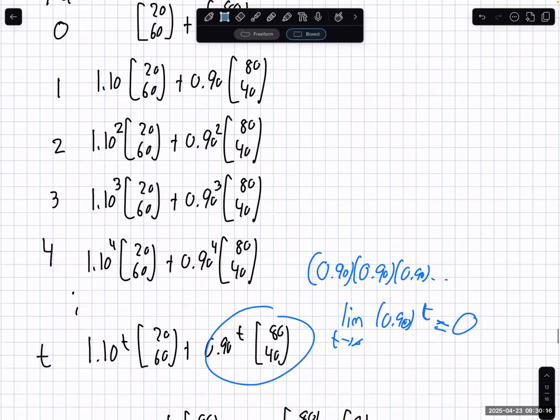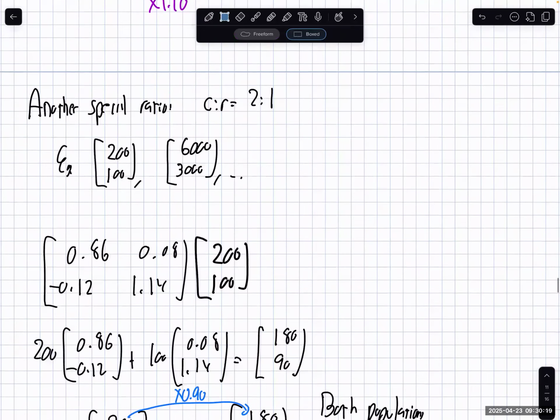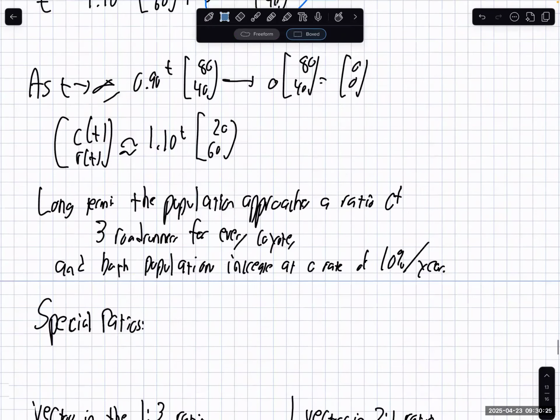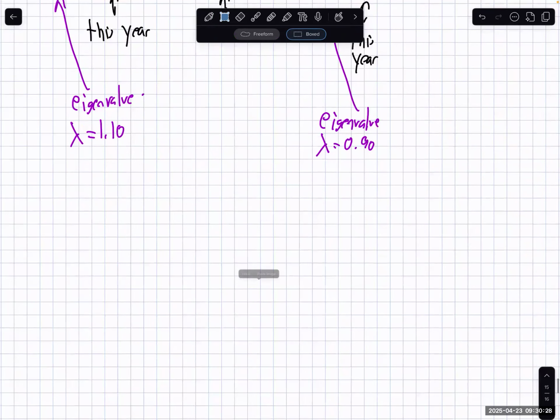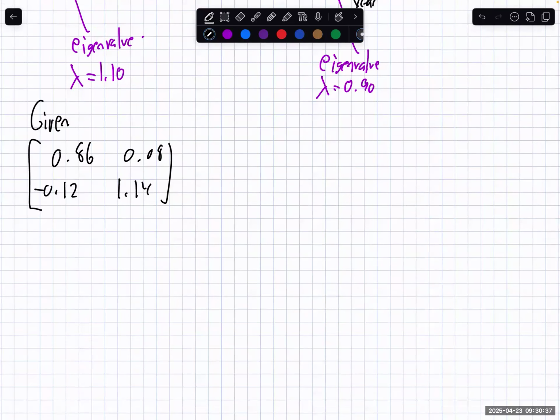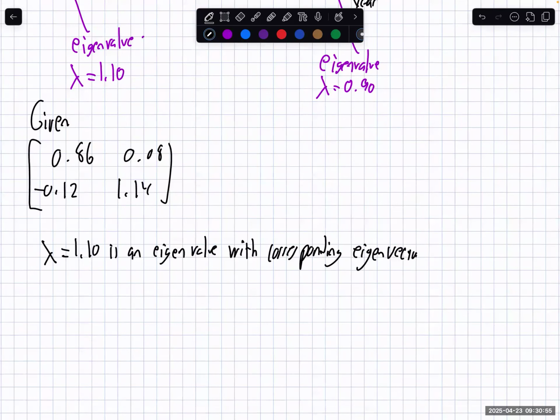So if I take my transition matrix, so this is how we're going to say.